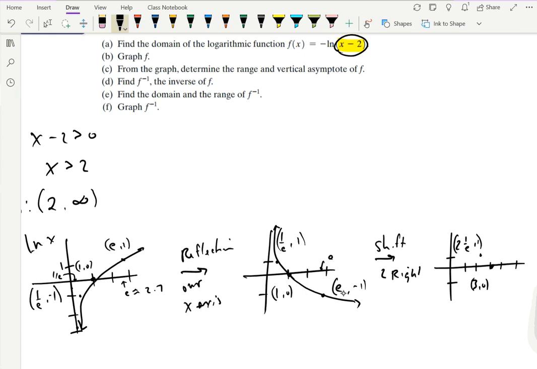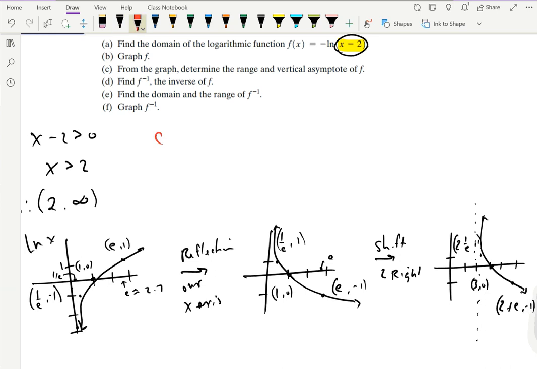And (e, -1) is going to be (2 plus e, -1), approximately here. Since I shifted everything over to the right, I'm also going to shift my asymptote over to the right. So it's going to look something of this sort. Okay, so that's going to be my overall graph.